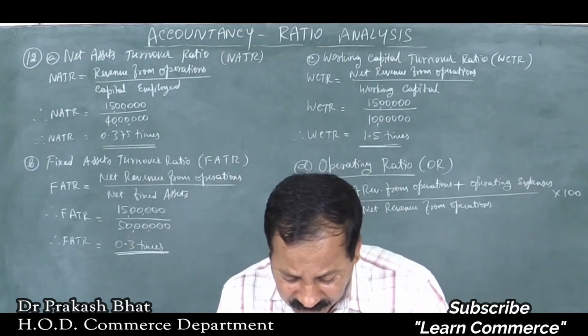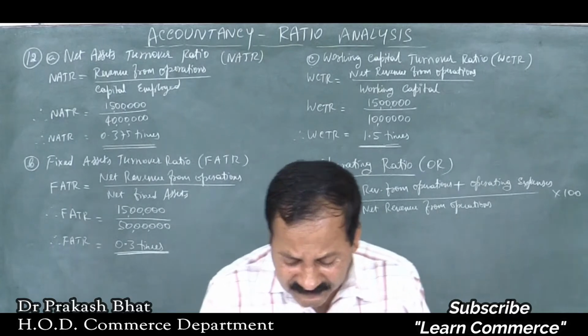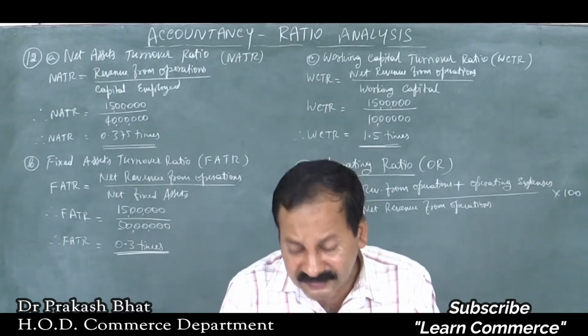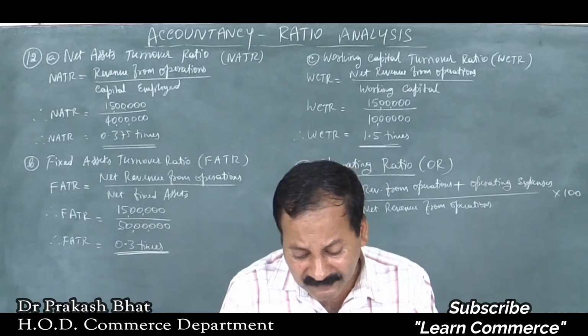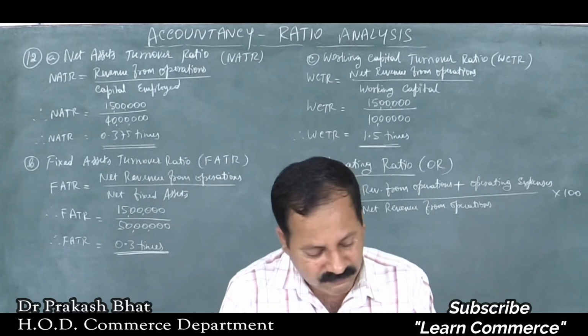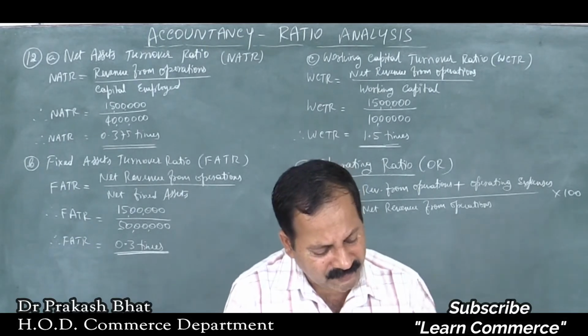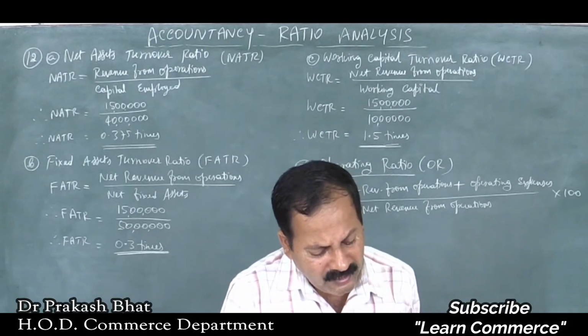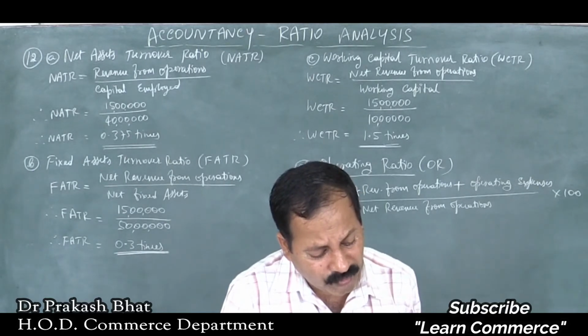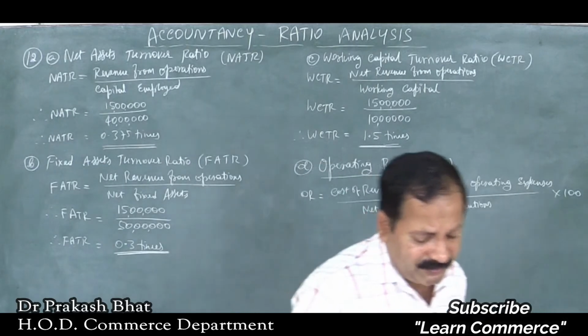5 lakh. Working capital, current assets minus current liabilities, has nothing to do with this. Revenue from operations 15 lakh is given, that is sales. What we have to do is add operating expenses to cost of revenue from operations.